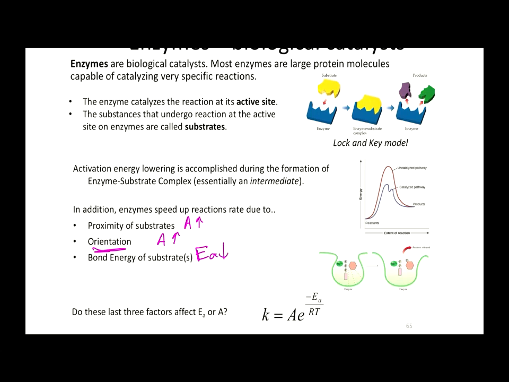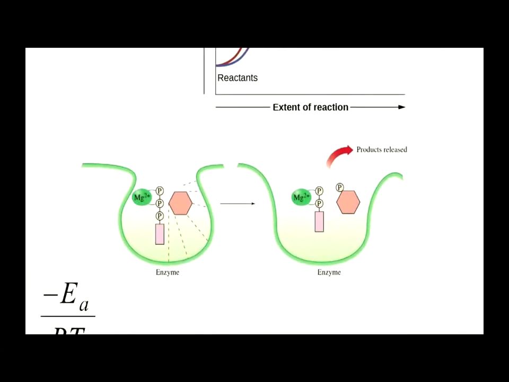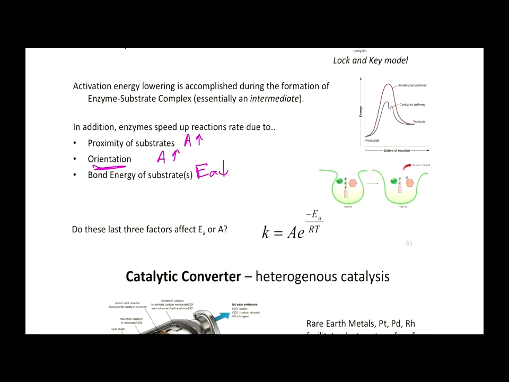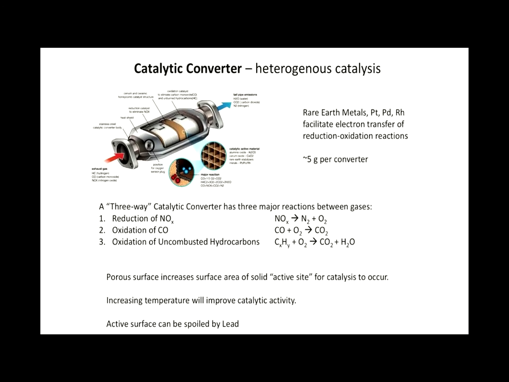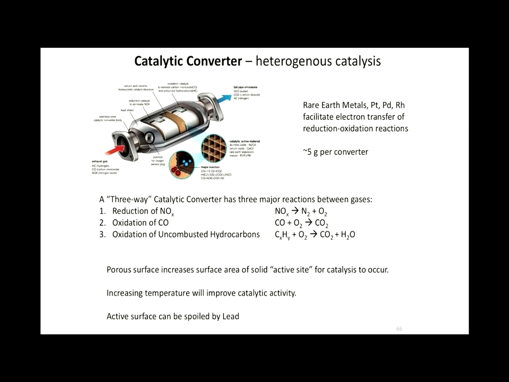So you see all of these factors. If A increases, k increases. If Ea, activation energy, decreases, k increases. So that's how an enzyme works. Okay, and so here's an example. The enzyme brings together your substrates, and just due to the nature of the cavity of the enzyme, pre-weakens some bonds to facilitate reactions to move forward.